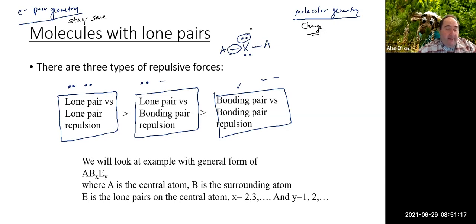But then we also have these non-bonding and non-bonding guys that want to get away from each other. And because there's actually only 2 bonds here, that opens up this space now, right? There's nothing really bonded there. It allows those bonding electrons to go far away from each other.